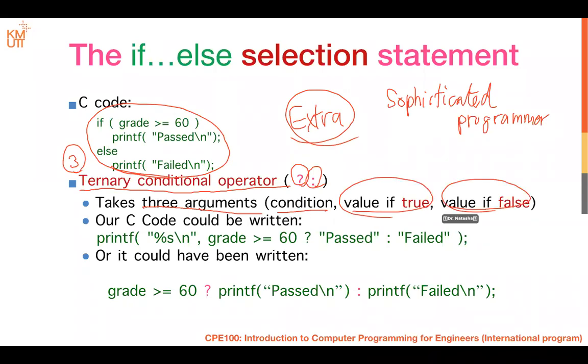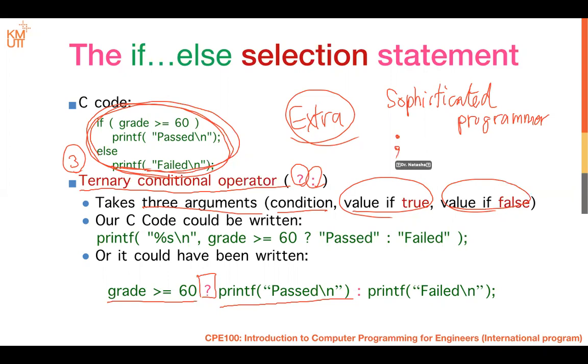So instead of writing the code like this, you can just simply write grade greater than or equal to 60, and then question mark, and then you use printf print passed, then colon. Okay, no semicolon.